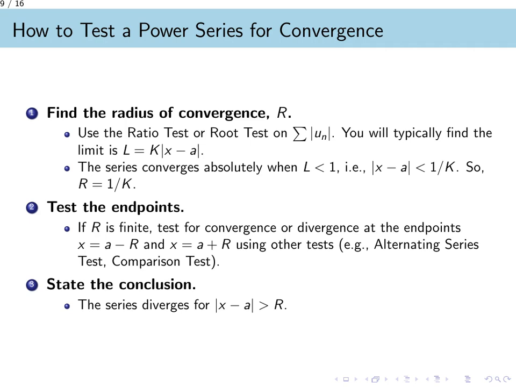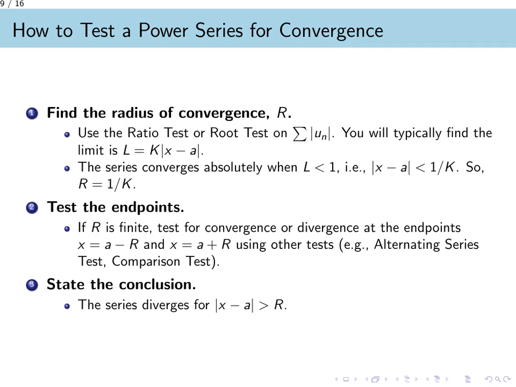For instance, L might equal a constant, k, times the absolute value of x minus a. We know the series converges absolutely when this limit L is less than 1. Solving this inequality shows that the radius of convergence, r, is simply the value 1 over k.